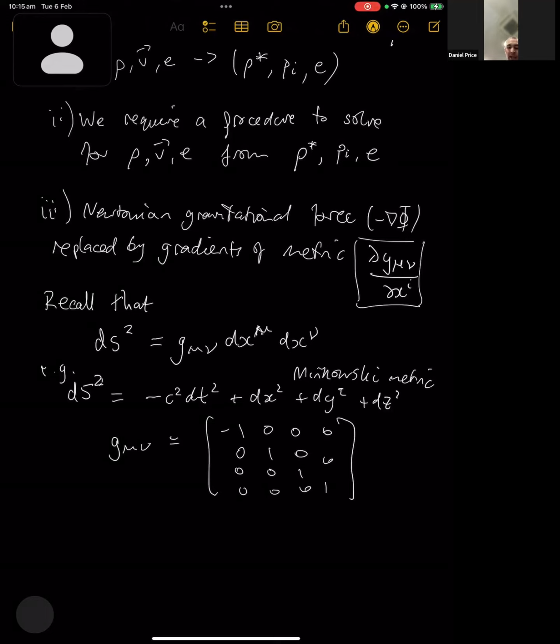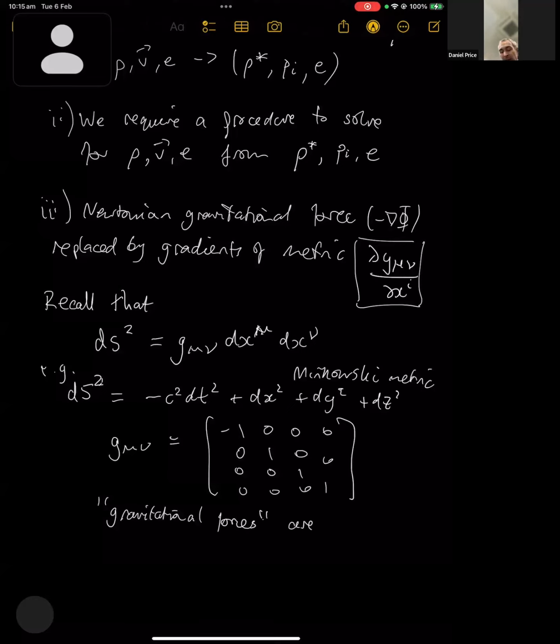Yeah, and so in the case of the Minkowski metric, we're describing a flat space-time, and that means gravitational forces, if you want to call them that. In GR, they're not necessarily forces, they're just gradients in the spatial metric, and you're just following straight lines.